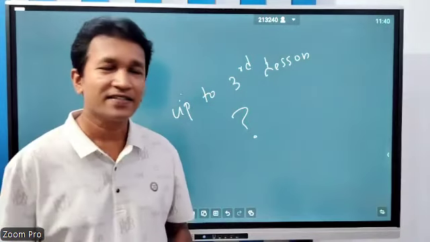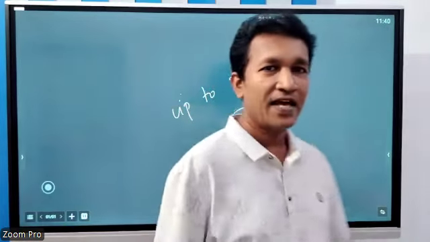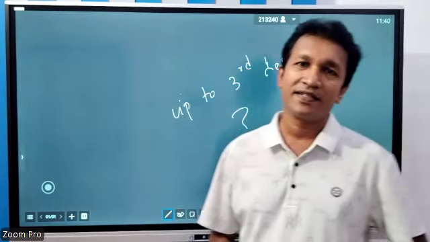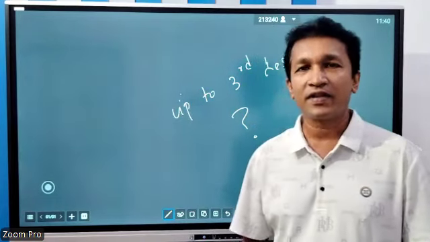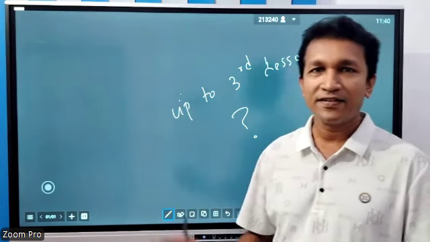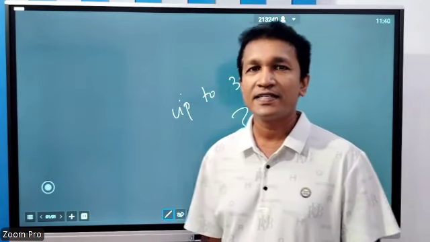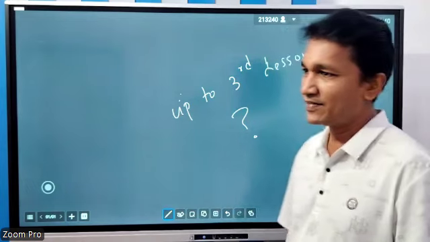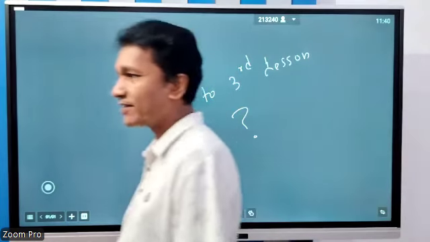Right? Last week we did the paper covering all the things, and what are the things you have with these lessons? 1, 2, 3.